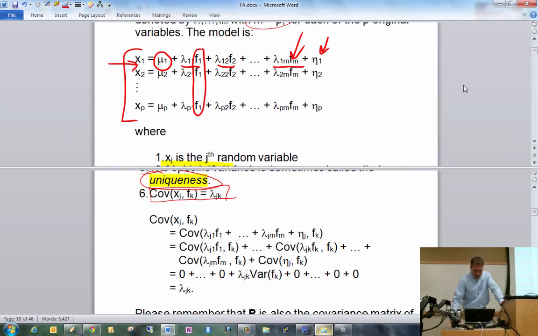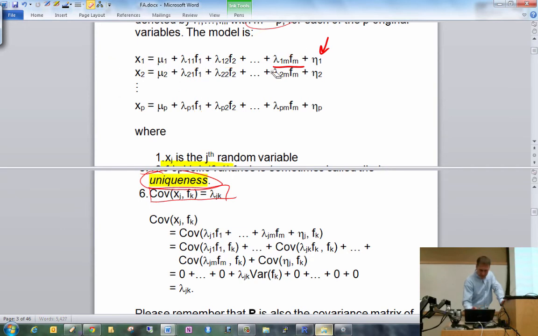So, what this equation is saying is this. If I want to know the covariance between x1 and f1, both random variables, that covariance is lambda 1,1. That describes how these two random variables are related to one another.